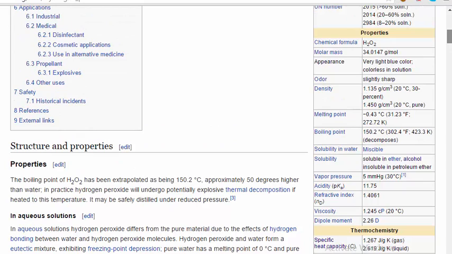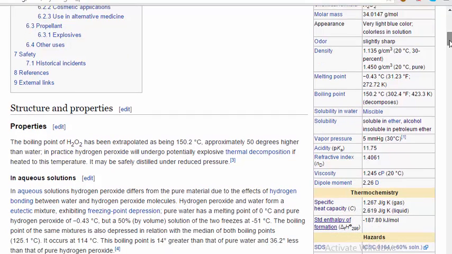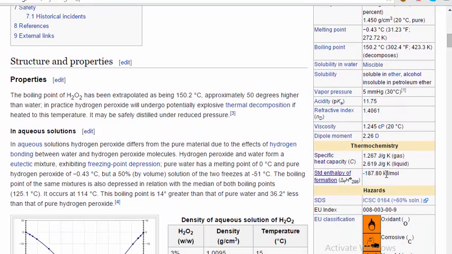In other words, if I had hydrogen peroxide as a product and hydrogen and oxygen as the reactants, then this would be the standard enthalpy. But if I go in the opposite direction and look at the decomposition of hydrogen peroxide, it would be the opposite sign. So that's just to explain where I got the 187 from. And sorry, I should have rounded better. It's 188 actually if I round it.